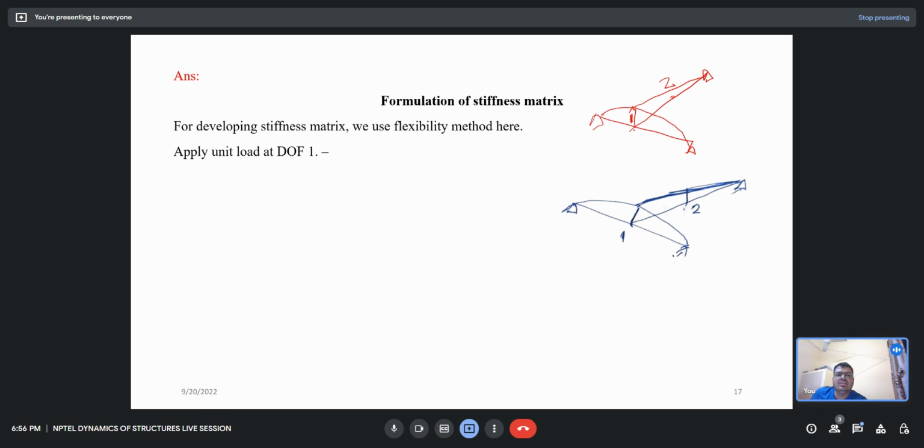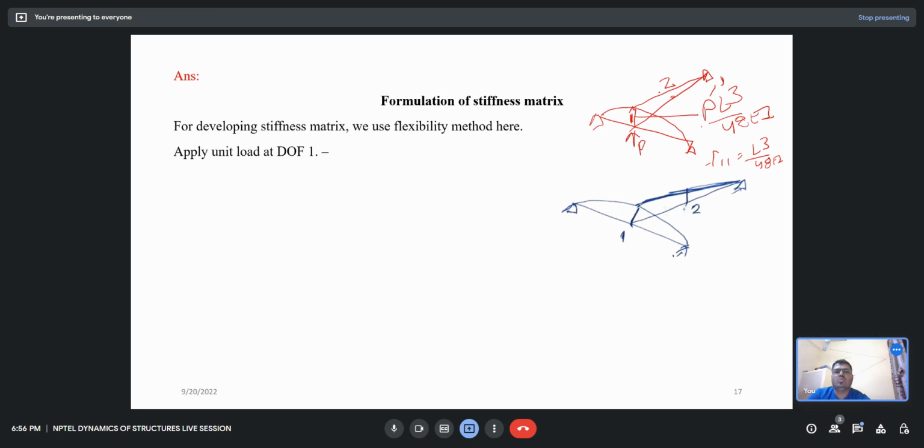So if you apply a unit load 1 here, or P, what is the deflection here? PL cube over 48 EI. So whatever P is, 1, your flexibility at that point, F11, becomes L cube over 48 EI.